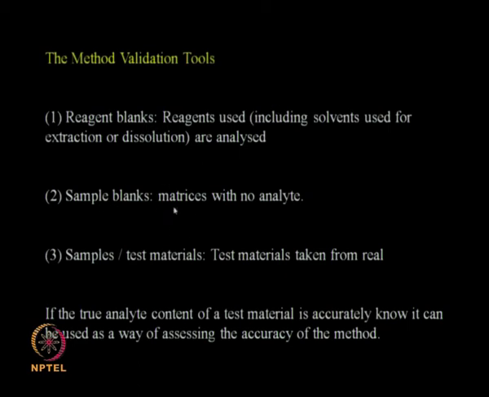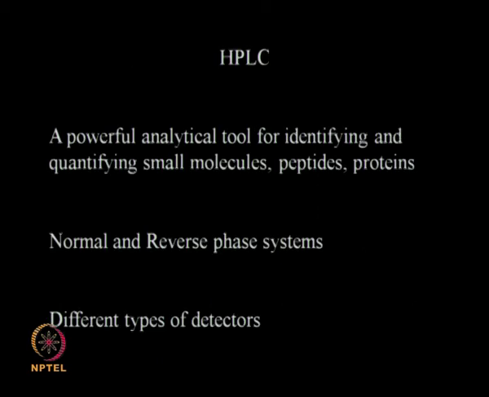Sample blanks: if I am using any matrices without my analyte, I need to perform an HPLC and see whether they are giving any peaks and whether those peaks are going to interfere with my solute. Test materials: we may take materials which are not real material, but test materials. So these are the various method validation tools which we need to adopt before we can tell that the method we have developed is good enough.